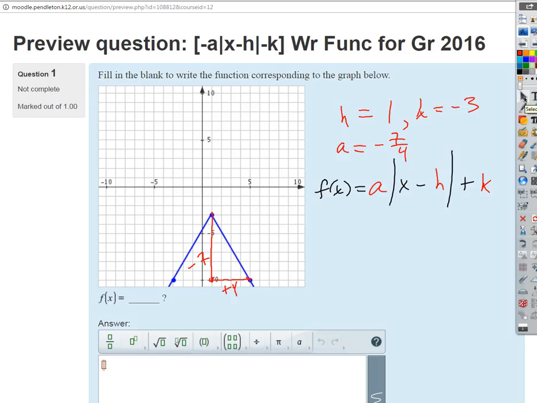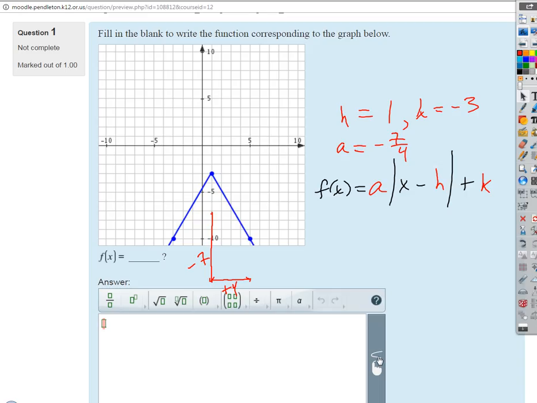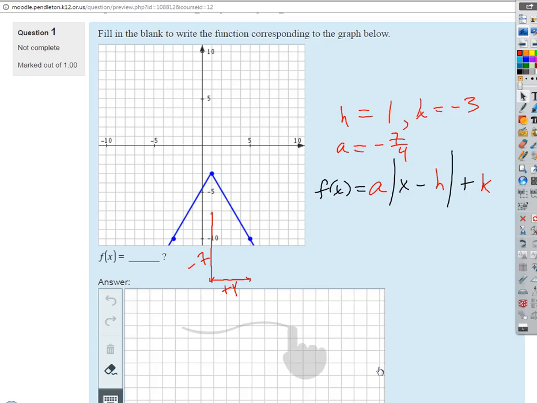Have you guys used this fancy little thing right here? I scribbled on it, yeah. For some reason it doesn't work as well up here as it does on a tablet, but try it out, especially if you have a tablet. Here's what it does.